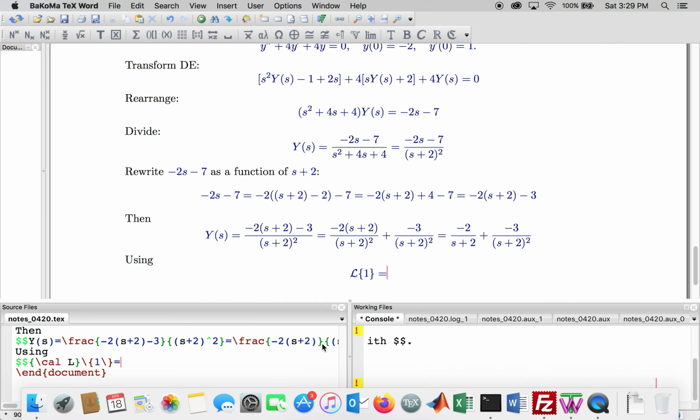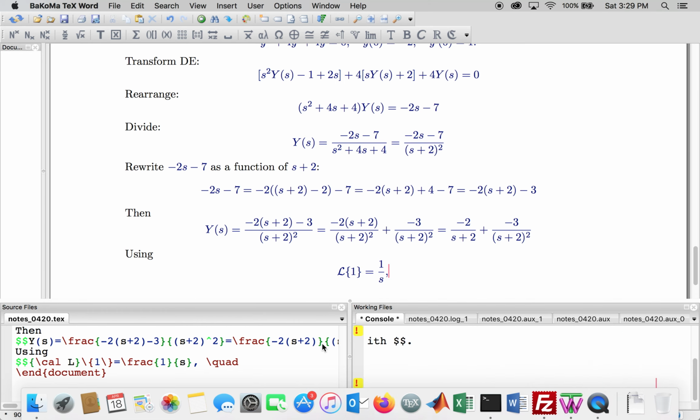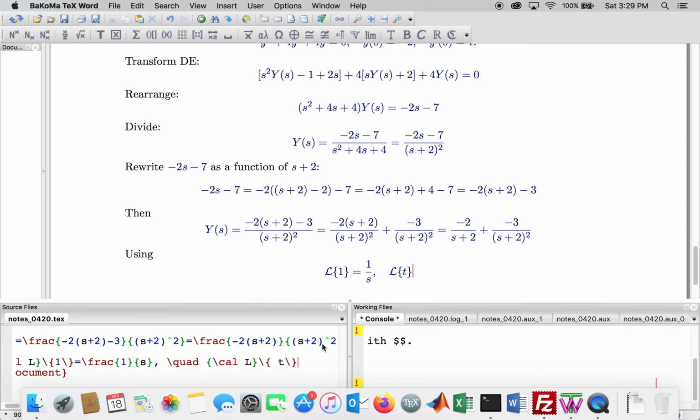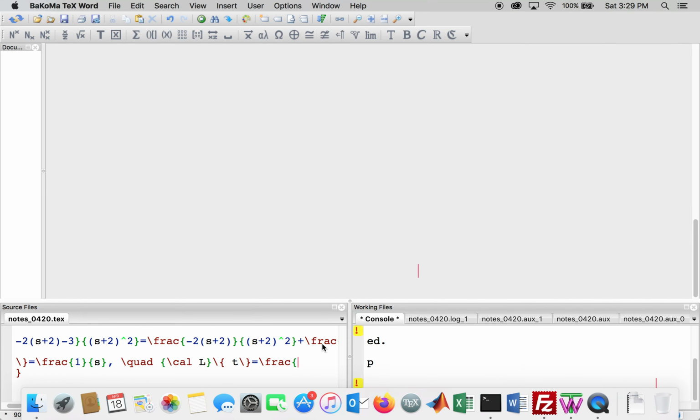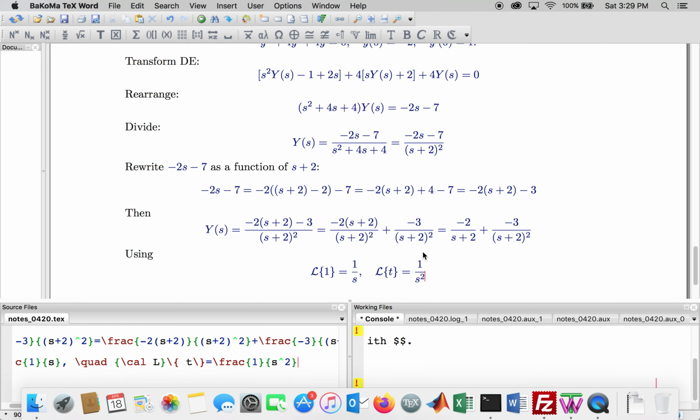So the Laplace transform of 1 is 1 over s. The Laplace transform of t is 1 over s squared. Here we have functions similar to 1 over s and 1 over s squared. It's just that they're shifted.